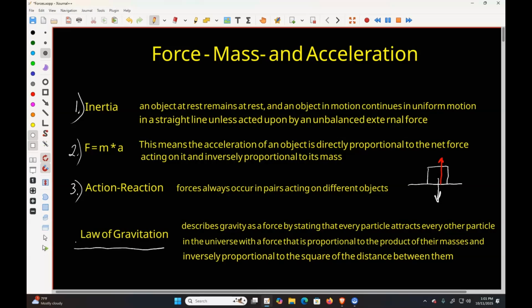Newton's law of gravitation explains how gravity works throughout the universe.